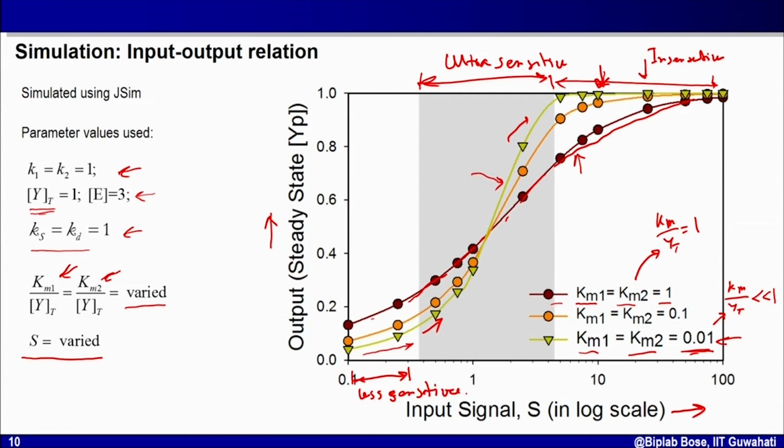That means if I have this sigmoidal input-output relation, then in the middle region of the input signal, I will have ultra-sensitive behavior. But at the extreme ends, at higher values of S and lower values of S, the system will not be sensitive and it will not be able to differentiate between different signals.